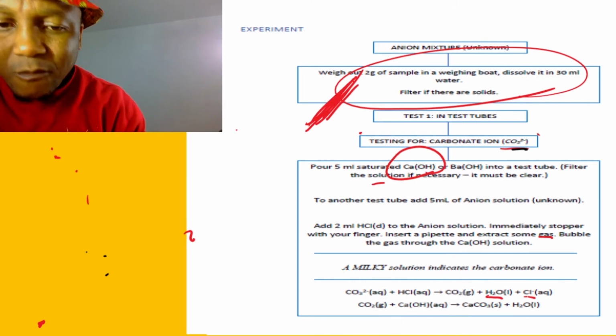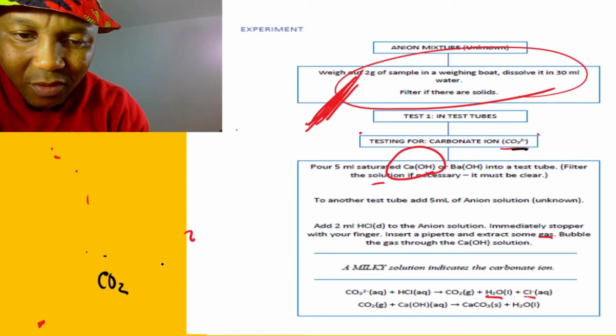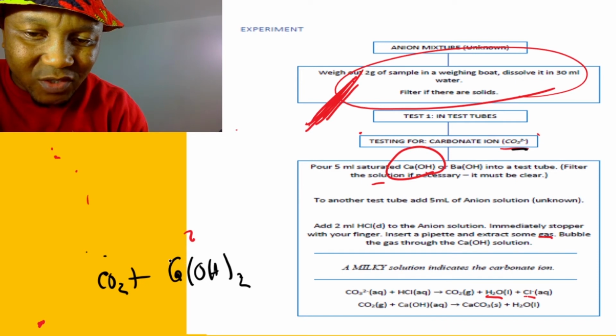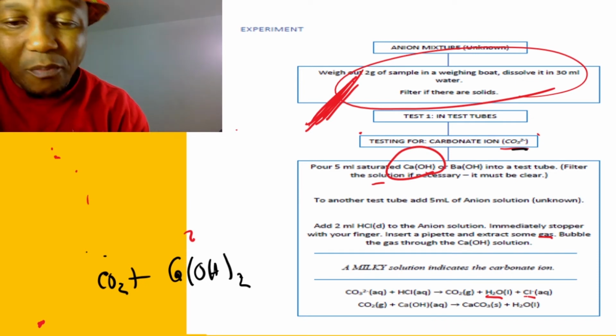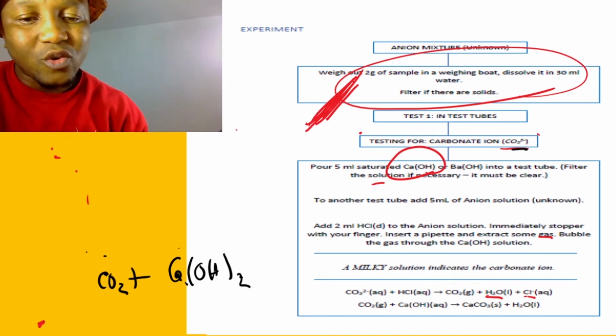It's supposed to be carbon dioxide plus calcium hydroxide, and this must have a 2. Calcium has a 2 which is going to come here, and hydroxide has a 1 came here, so no change.